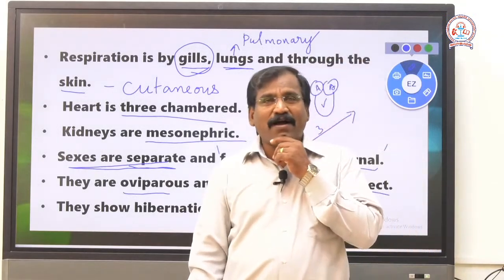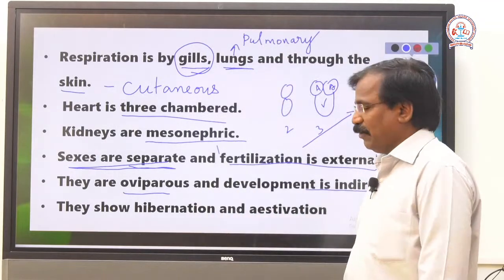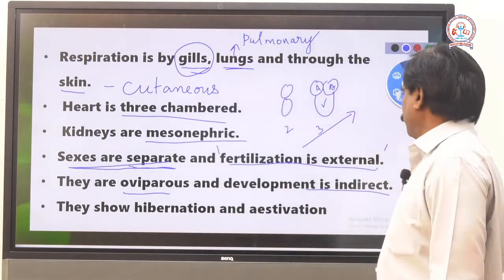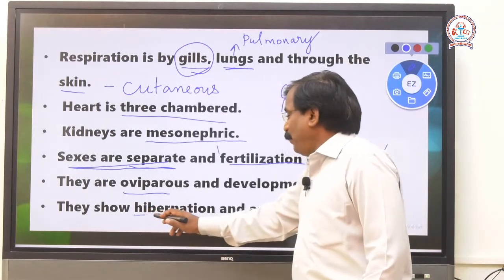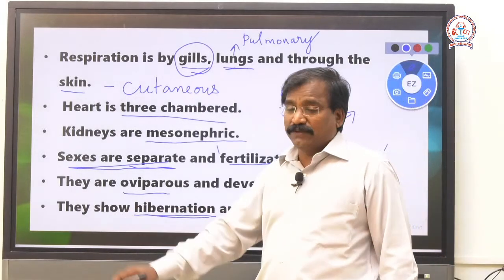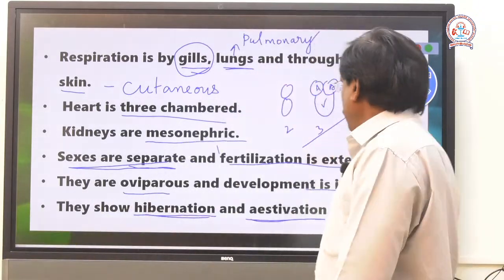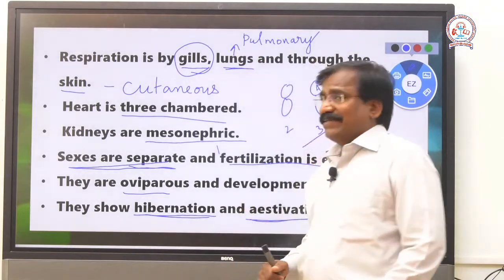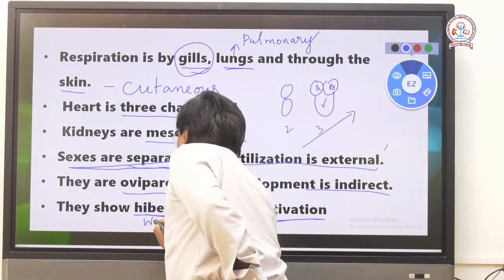The larva of amphibia is the tadpole, a fish-like larva. It shows hibernation and estivation. What are hibernation and estivation? Hibernation is winter sleep, estivation is summer sleep.